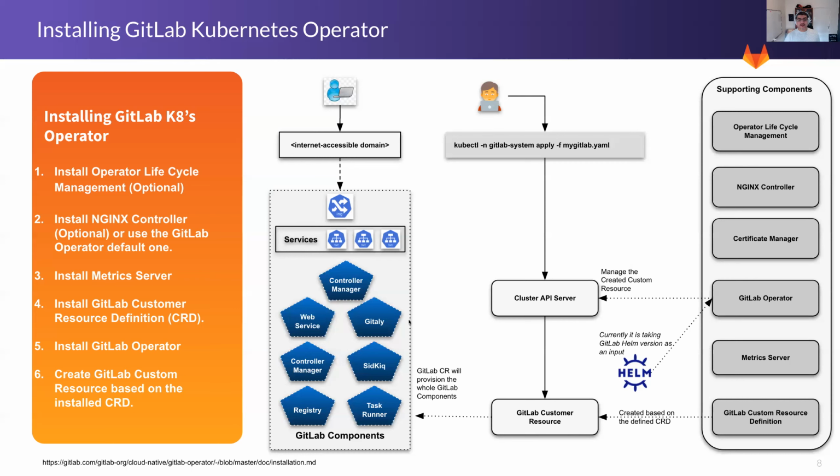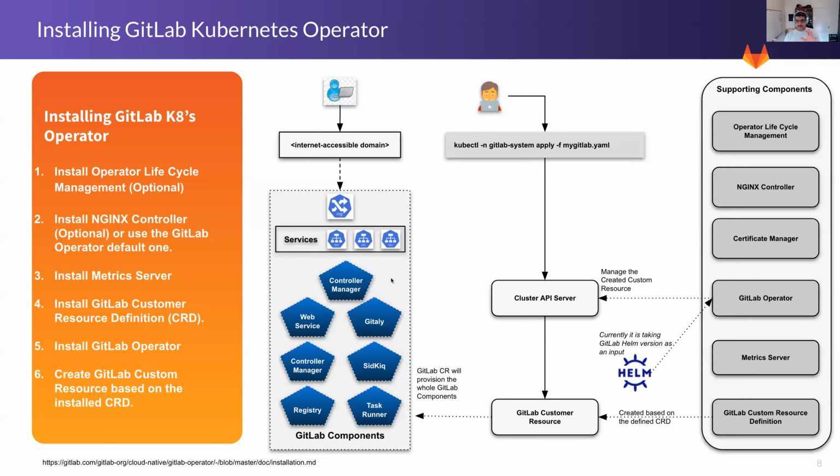Once this is created, then you will get all the objects of the GitLab deployment along with the controller manager. In this instance, this is exactly the controller we were talking about, but it is responsible for controlling the objects of the deployed GitLab object, the pods or the components of the deployed GitLab object, like GitLab web server, controller manager, task runner, and registry.